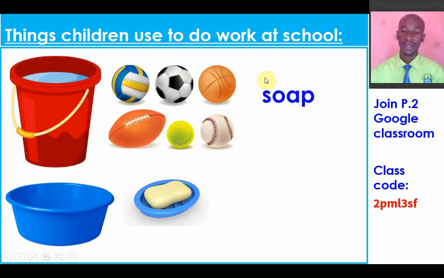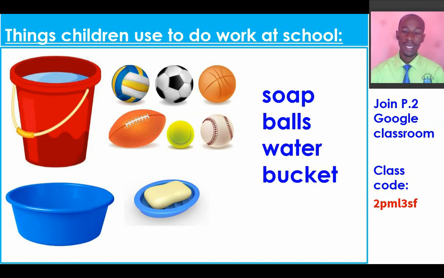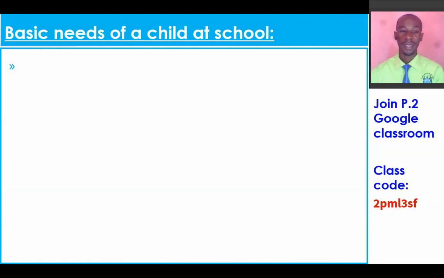We have talked of the soap, balls, water, we have bucket and basin. So these are some of the things that we need. The list, we can add on the list, but as of now, we can have these ones.